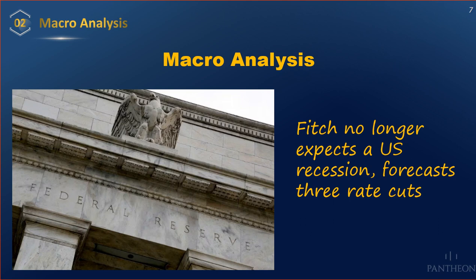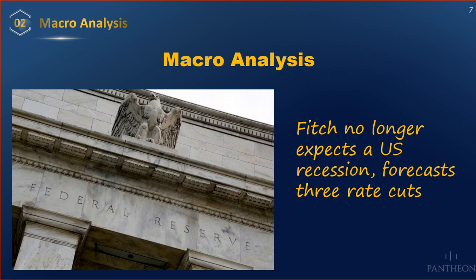As for the differences in the two viewpoints, it's mainly because economic conditions and forecasts may change over time, and rating agencies will update their assessments based on new data and circumstances.